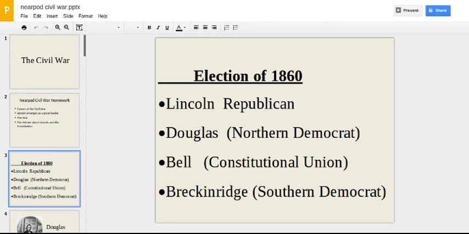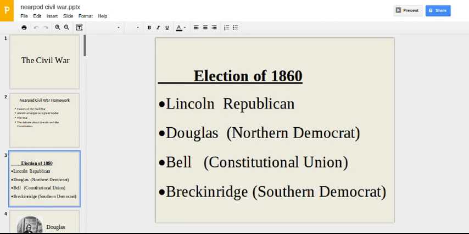When we talk about the acquisition of new land and the debate over whether that new territory would become slave or non-slave states, you might remember Ralph Waldo Emerson saying Mexico will poison us. So those are the long-term causes of the Civil War, and in many ways they're much more important.